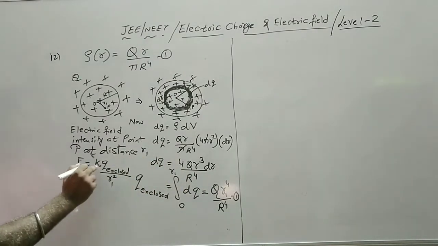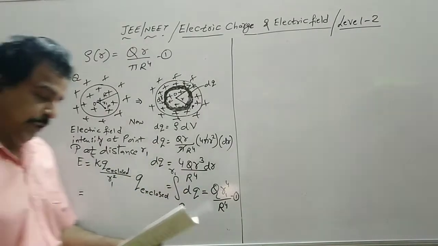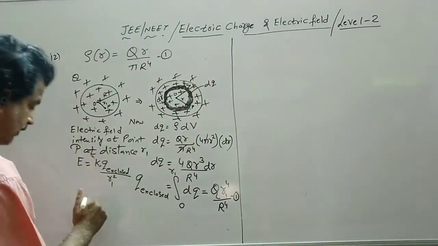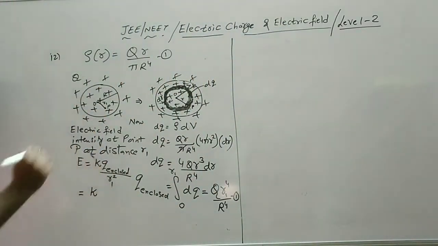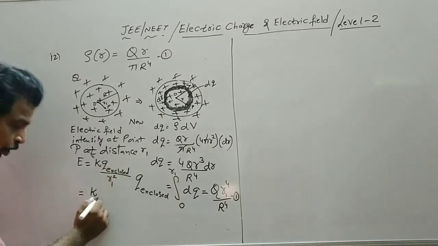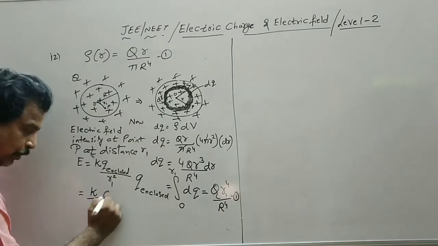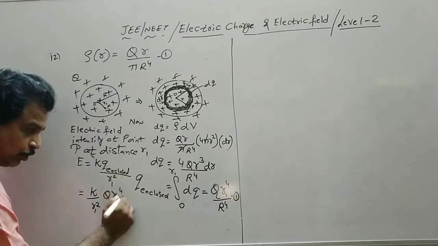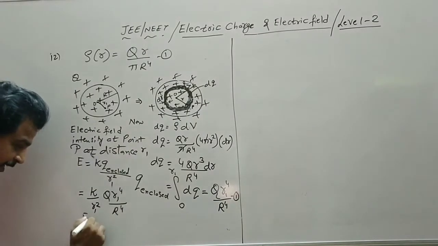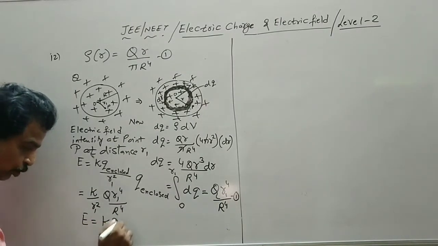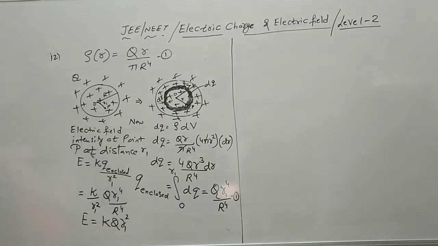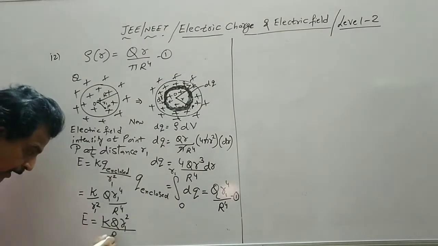So in the place of K, we have to see the option, that is K only, so we keep K as it is. Otherwise we sometimes write 1 upon 4 pi epsilon naught. So K upon R1 square, and Q enclosed is Q R1 raised to 4 upon R raised to 4. So electric field intensity is K Q R1 square upon R raised to 4.